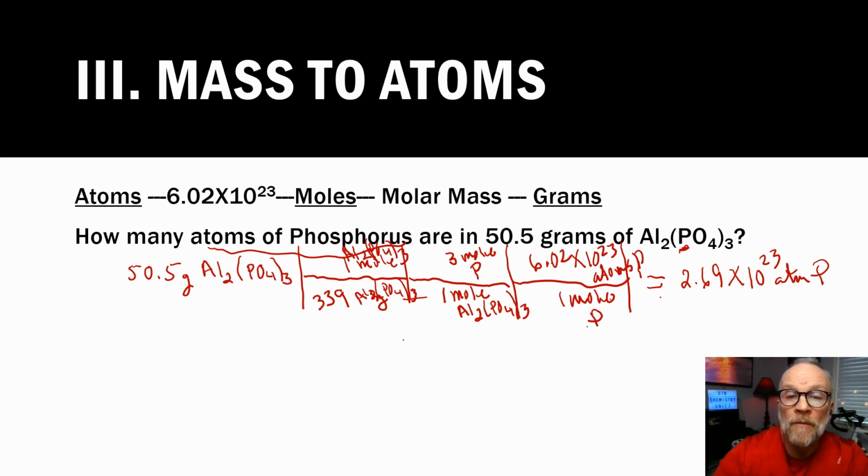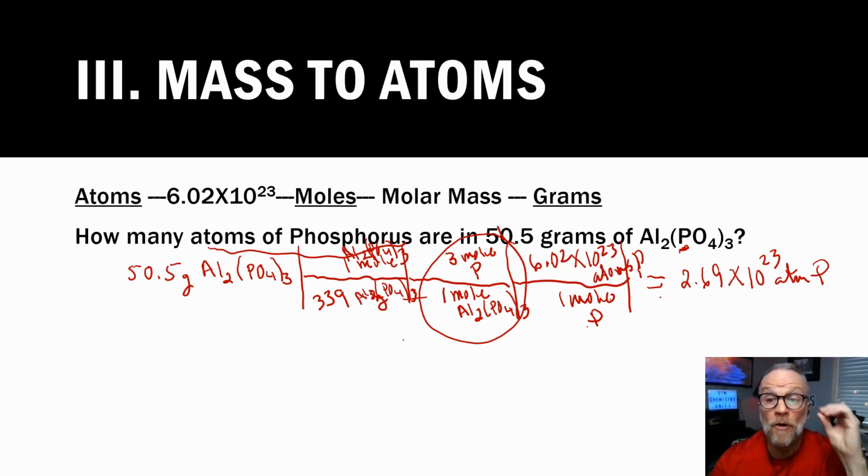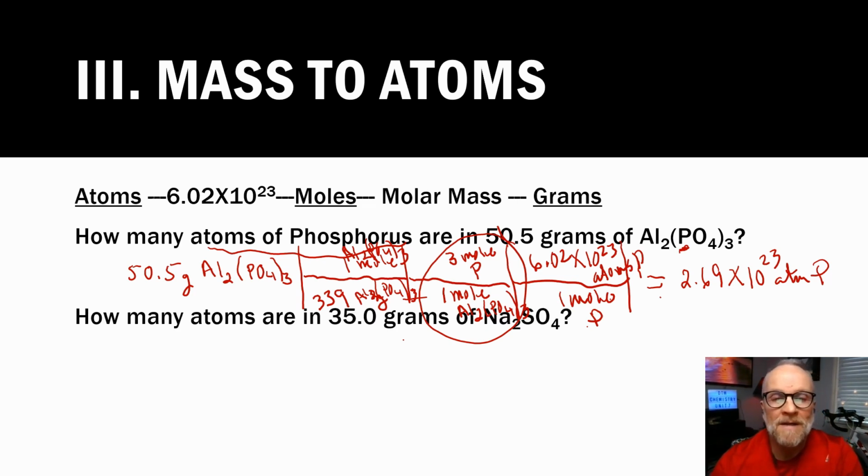Notice here that you can use the chemical equation as a conversion factor when you're trying to figure out parts of the chemical equation. The next one's a little bit more tricky. Let's talk about it for a second. It says, how many atoms are in 35 grams of Na2SO4?